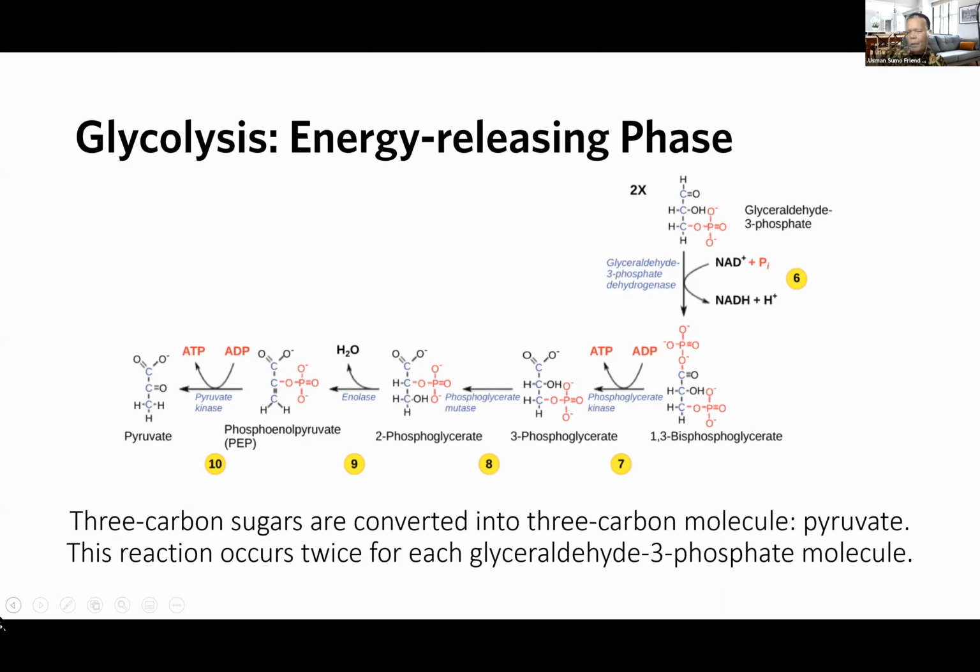That's the energy releasing phase. So in summation, in the energy releasing phase, you get 4 ATP and 2 NADH, but in the energy requiring phase, you need 2 ATP. Then the net of the reaction will produce 2 ATP and 2 NADH.